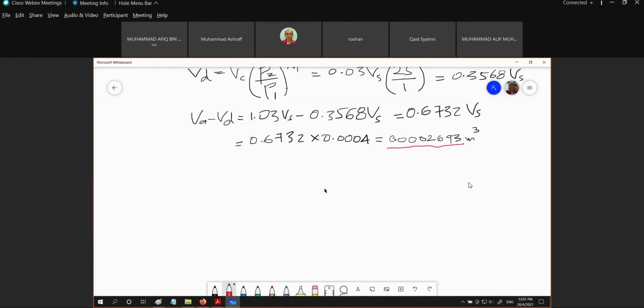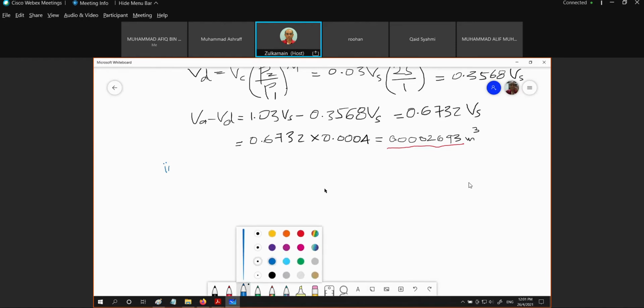Free air delivery. Number 2. Okay, so based on what I have written just before this in terms of the volumetric efficiency, the free air delivery, which is the V. Usually for free air delivery, we are going to get it as meter cube per minute.